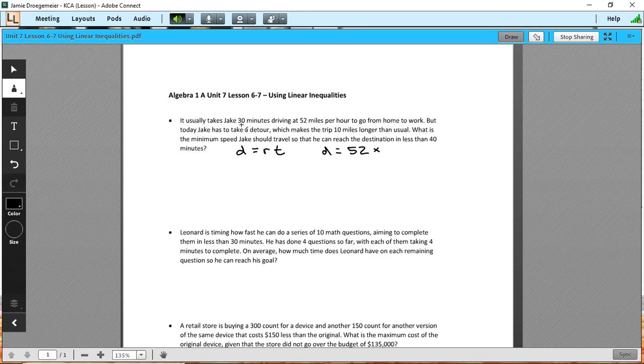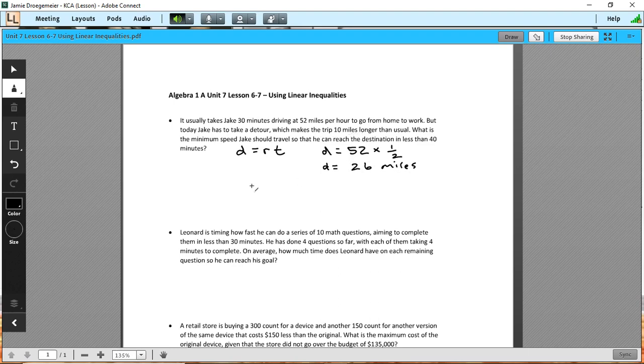Since his time's in minutes, we need to change that to hours. There are 60 minutes in an hour, so 30 minutes is 1/2 of an hour. His normal distance, 52 times a half, is 26 miles. In this case, he's going to have to go an extra 10 miles.